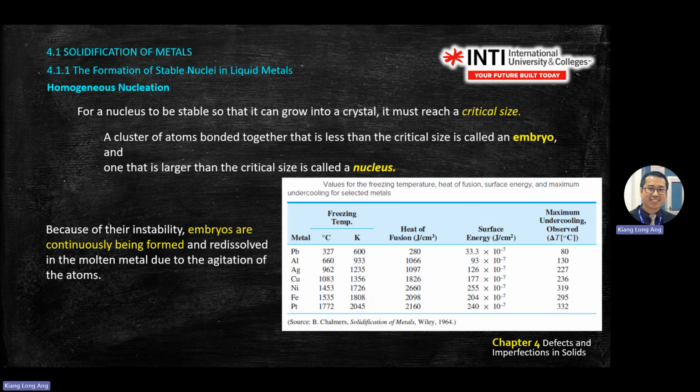So this is how you quantify whether it is embryo or nucleus. The parameters we use for critical size are as you see on the table. We can quantify using temperature or energy, and the cooling is also linked to temperature.